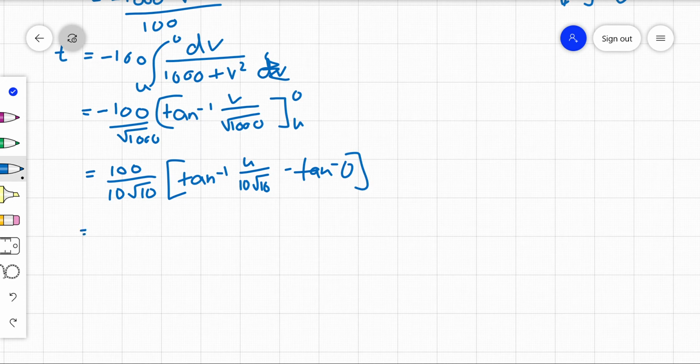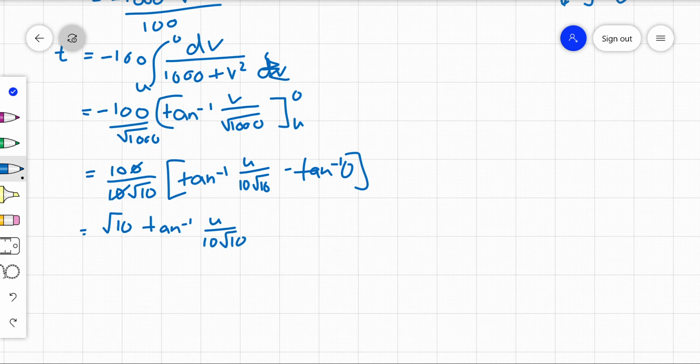If I times by root 10 and root 10 to rationalise that denominator, that's going to be a root 10. We know inverse tan of 0 is 0, so we've just got inverse tan of u on 10 root 10, which is what we're looking at.